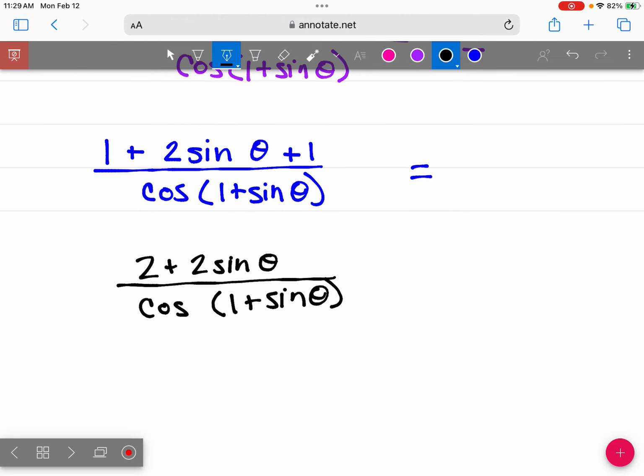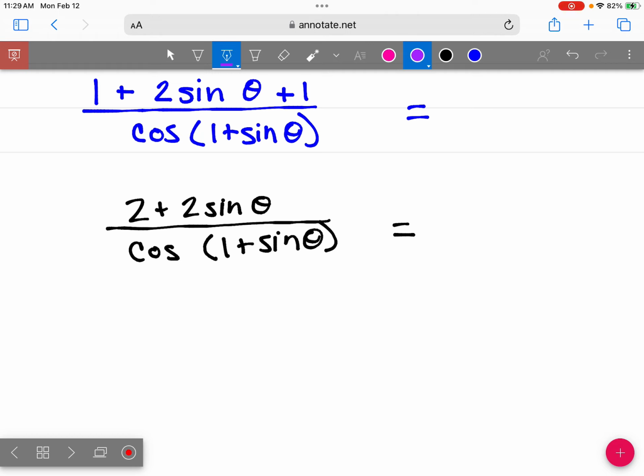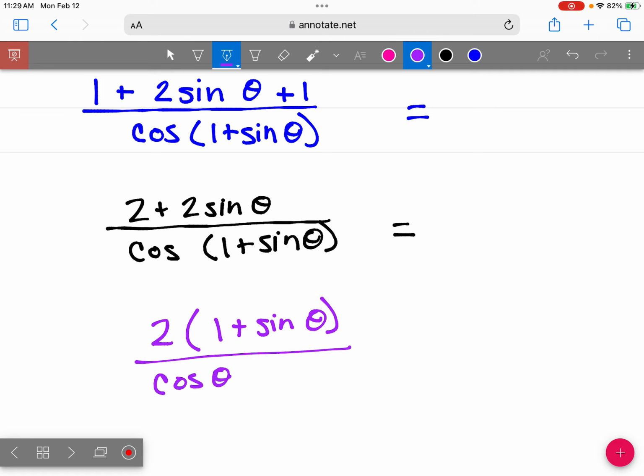I'm going to look really closely at that numerator, and I'm going to notice that I actually have a common factor I can pull out. This has a GCF. I can rewrite this as 2 times 1 plus sine of theta. And if we look closely, we can see why I might want to do that. Oh, y'all, I've dropped this theta a couple of times a few lines up. There we go.